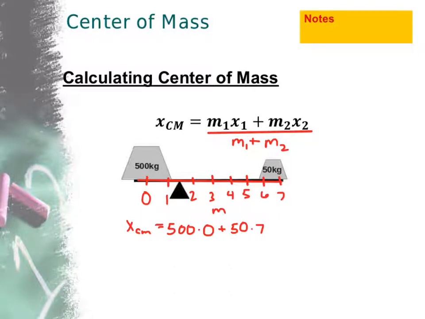But in reality, it would probably be 6.5. Okay, so we then have to divide all of that by the total mass, which is 500 plus 50.